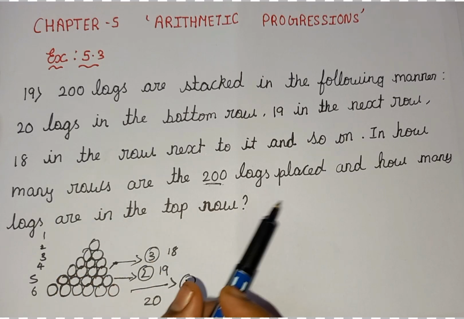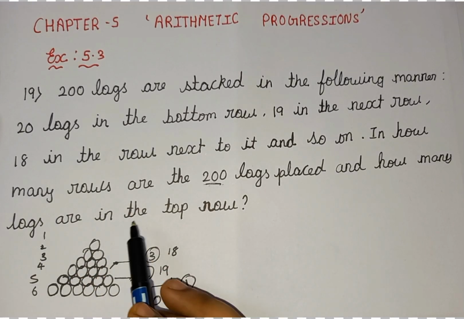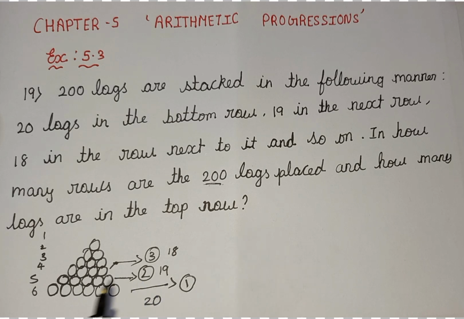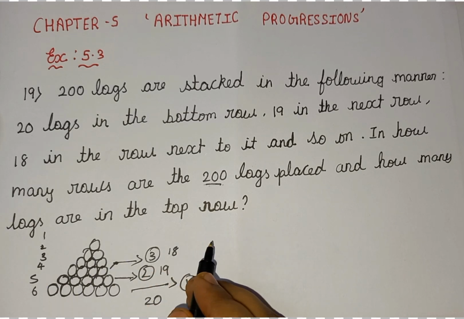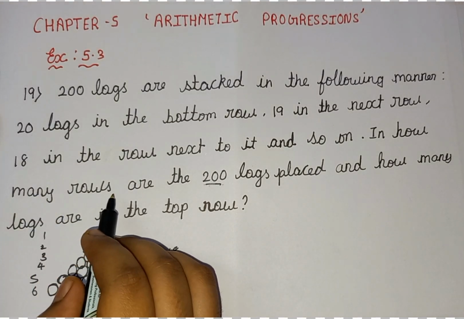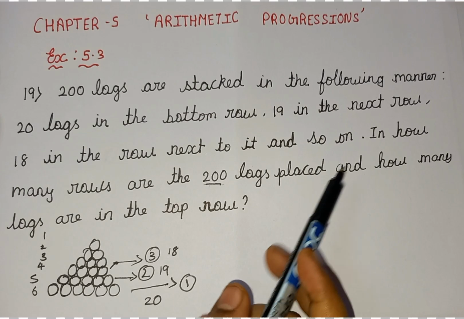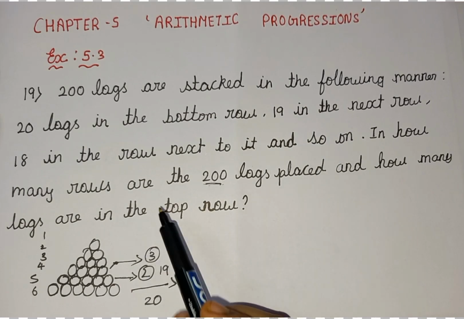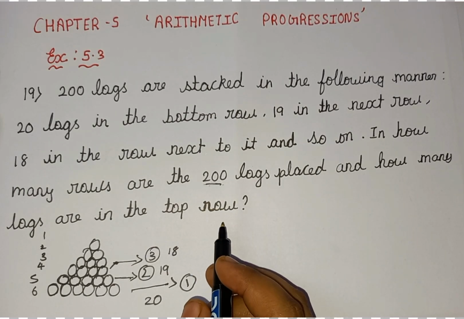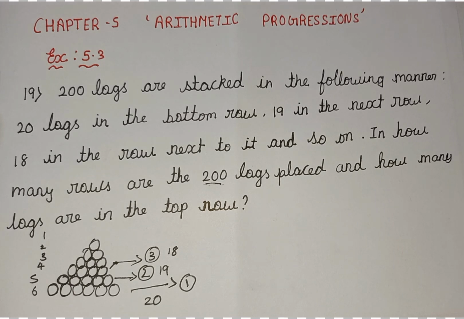That is the question. And how many logs are in the top row? So here there are 2 questions. We are supposed to find how many rows there are, and how many logs are there in the top row.